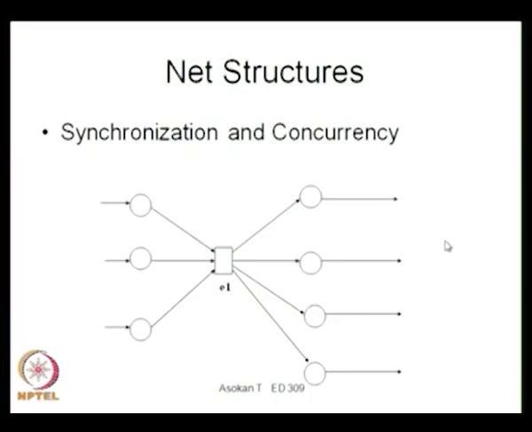So that is the synchronization and concurrency of the system. Again you can see here, you have the transition E1, this will go to all the places, which will have the token value, and therefore you will get activation of this, and that will be the concurrency of the system. So that is how synchronization and concurrency can be represented using Petri nets.